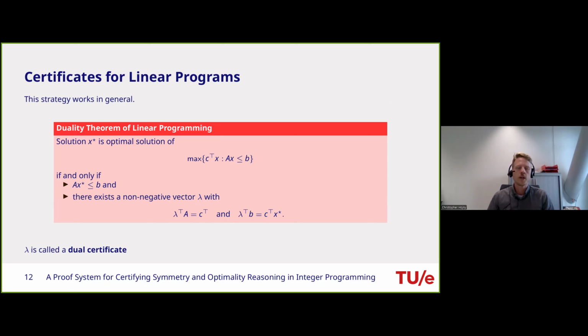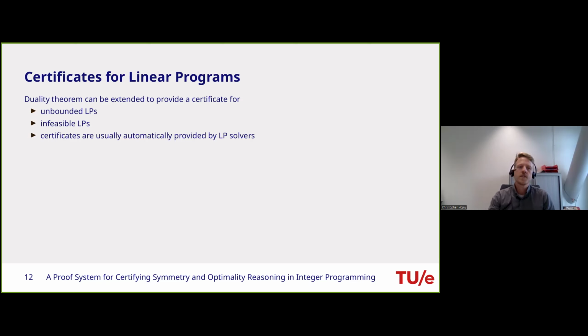And in the following, I want to refer to such a vector lambda as a dual certificate, because this arises from the so-called dual linear program. And of course, this statement does not only hold for problems in which an optimal solution exists. This statement can also be generalized to cases where we have an unbounded linear program, so there is no optimal solution because I can improve my objective arbitrarily.